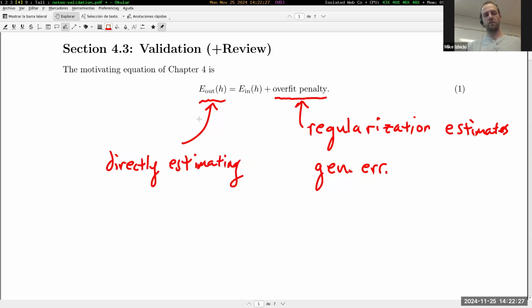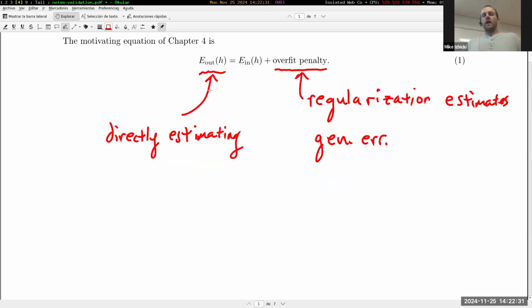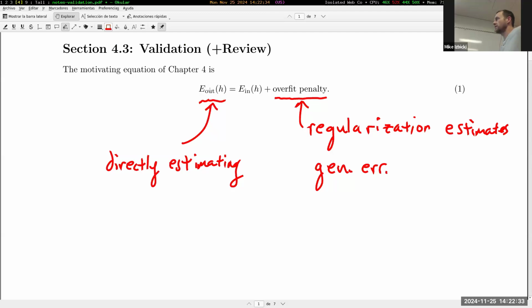Directly estimating our out of sample error. There's a lot of new notation in this section, where the concepts are all super straightforward and simple, but the new notation can be a little bit overwhelming.